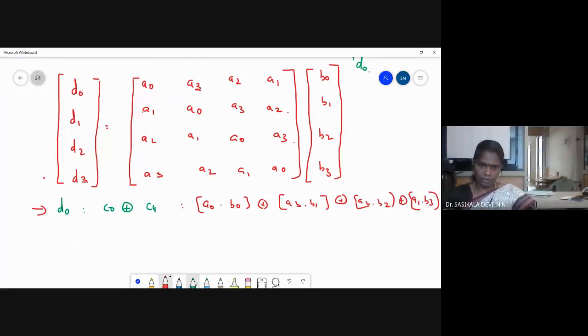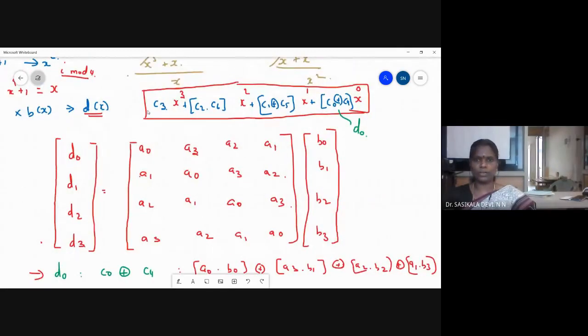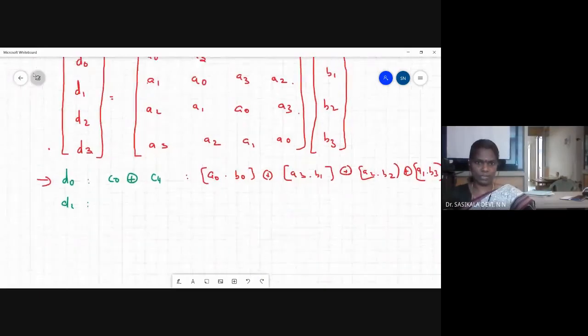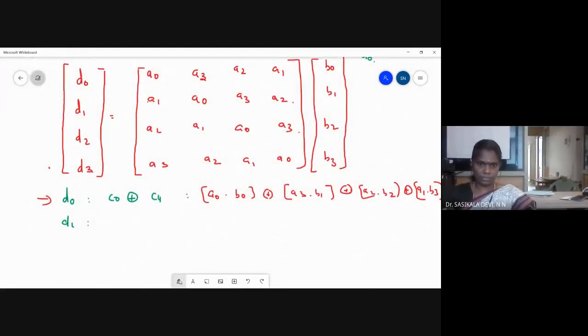D1 is the coefficient of x power 1 term. The x power 1 term is C1 XOR with C5. What is C1?